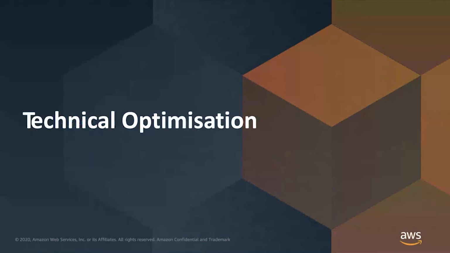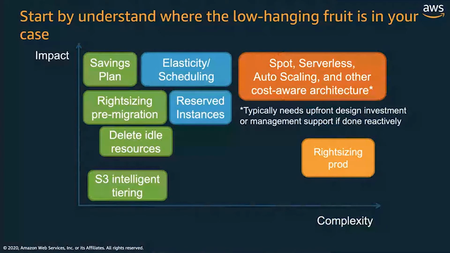Great, thanks, Amanda. Okay, so firstly, one of the things it's useful to do is to understand where the low-hanging fruit is in your organisation. Some things you're going to do from an optimization perspective might be quite complex.